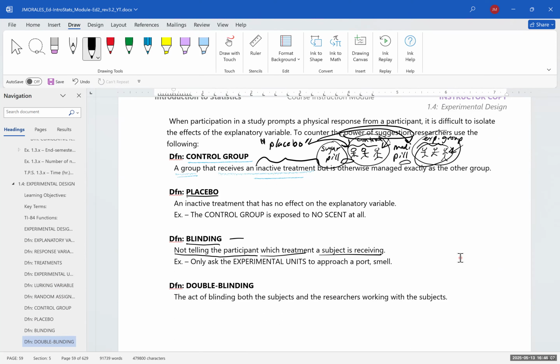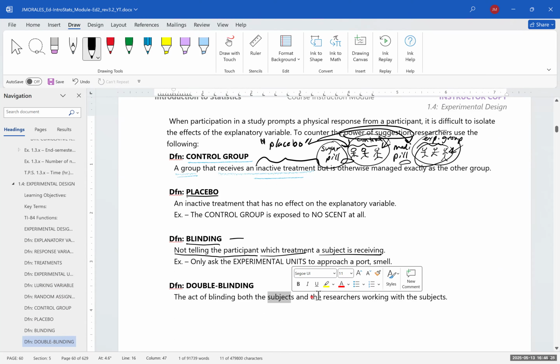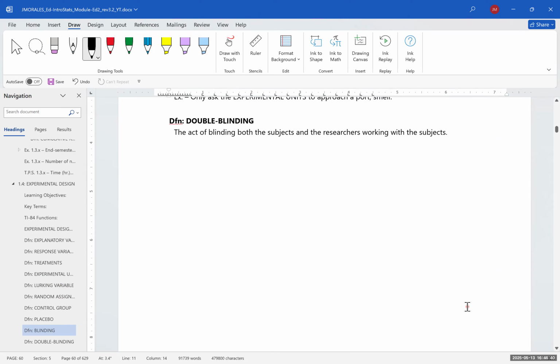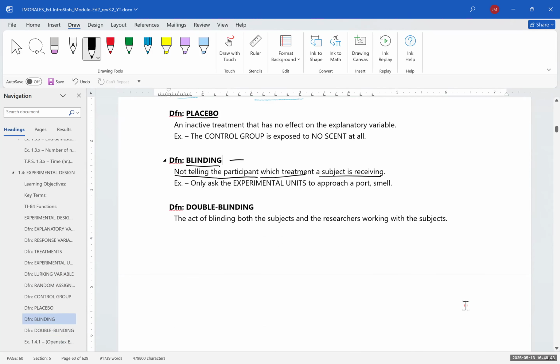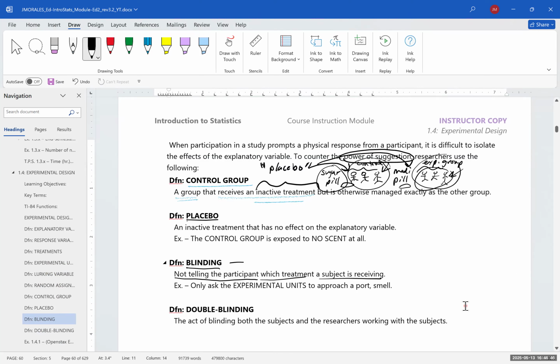So it can be things like that. You're trying to eliminate that. So you separate it, where the researchers don't even know what pill they're giving to each person. And so they don't even know if they're giving a person the sugar pill or the medical pill. Okay. So both the subjects and the researchers don't know who is who and what is what. That's double blinding. And this is actually the type of thing that you want to do if you want to have confidence in the results that you're getting. Okay. So let's go ahead and stop here and we'll look at some examples of these terms.